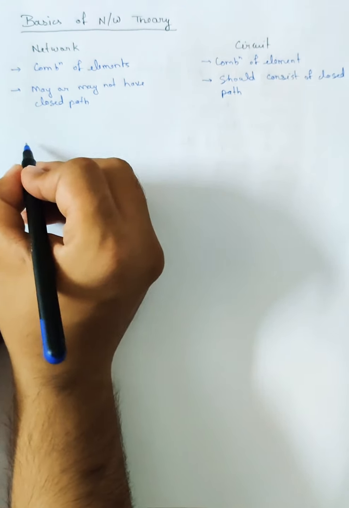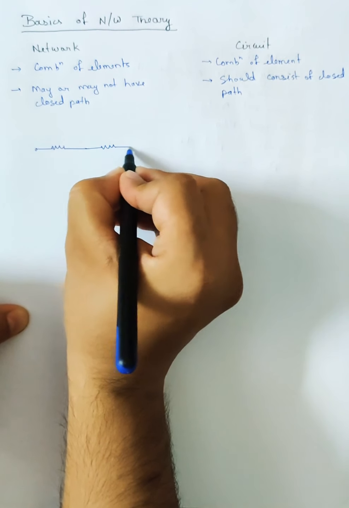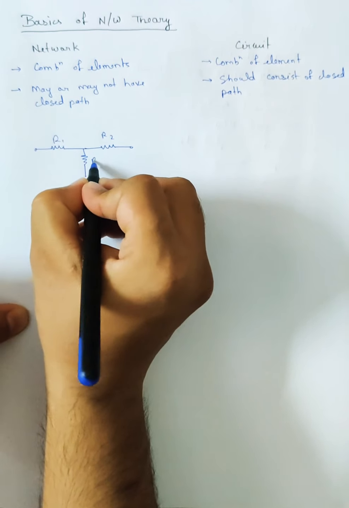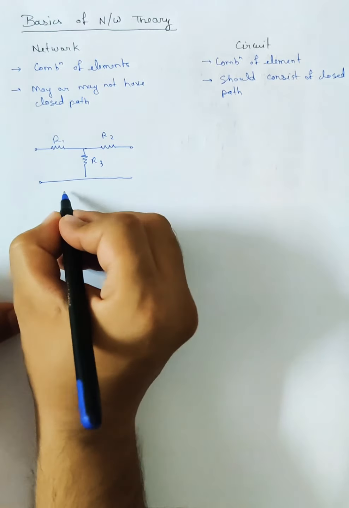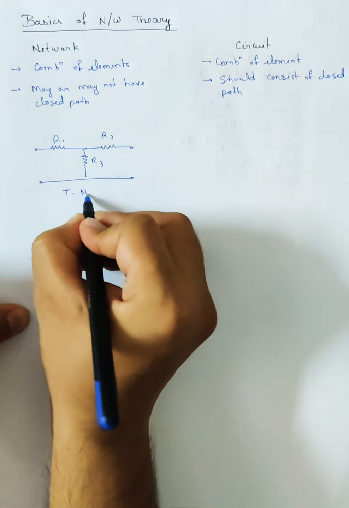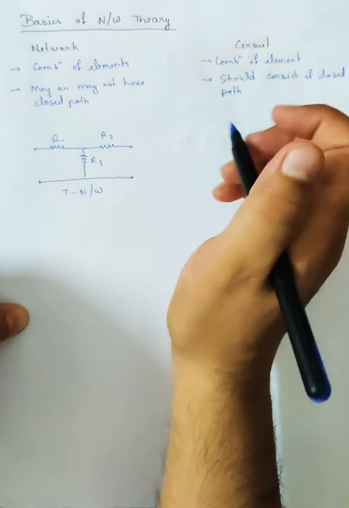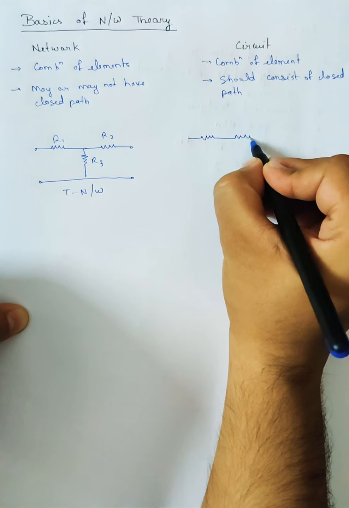Let's take an example. R1, R2, R3. This is a T network, but it's not a circuit as it does not contain a closed path. The second example is like this.